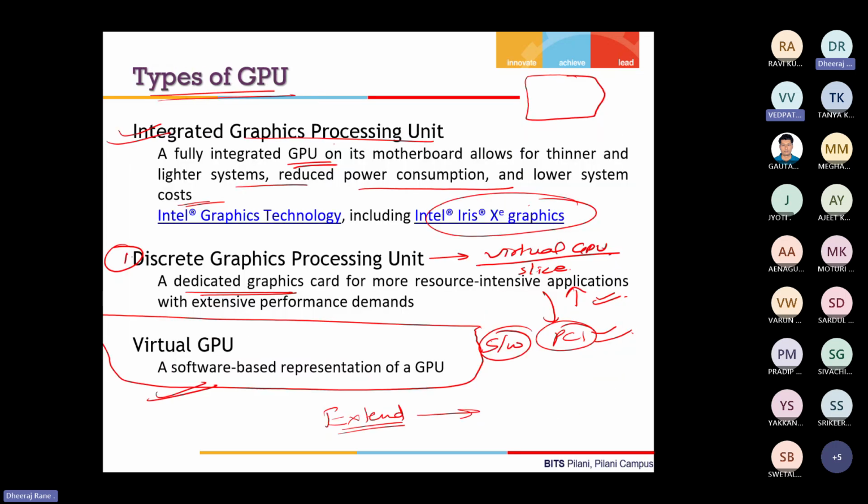Now, if we consider an integrated graphics processing unit, then basically the operating system, while getting initialized, will understand that an integrated graphics processing unit is there, and then it will be able to use it efficiently. As an application user, we won't worry about whether the GPU is getting used correctly or not.